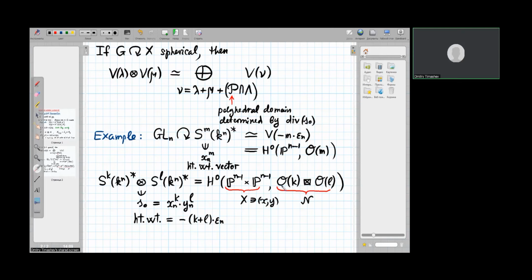For instance, it is precisely the product of coordinate functions. Because these two factors are polynomials in different sets of variables. The sets of variables x1, ..., xn and y1, ..., yn are not intersecting, and therefore the tensor product of two polynomial algebras in variables x_i and in variables y_j is just a polynomial algebra in the whole set of variables.